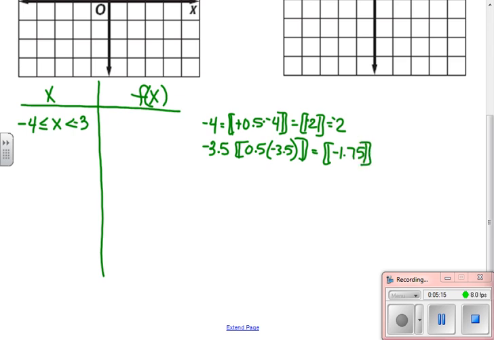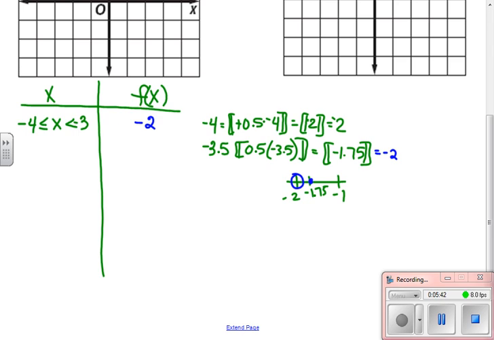But I need to round down, and if you think about on a number line, here's negative 1.75, rounding down means negative 2. And that behavior would continue all the way up to negative 3, not including it, because then at negative 3, my answer will change.